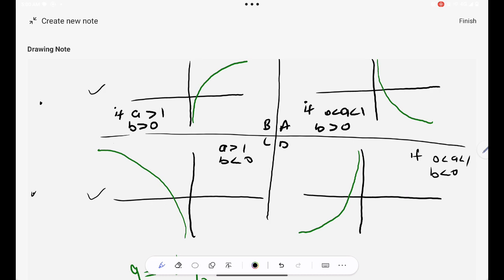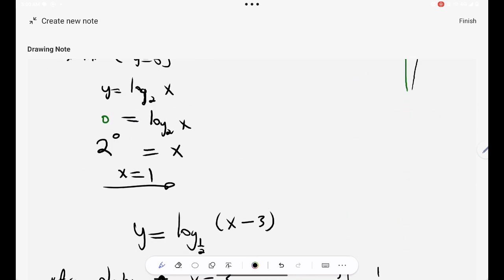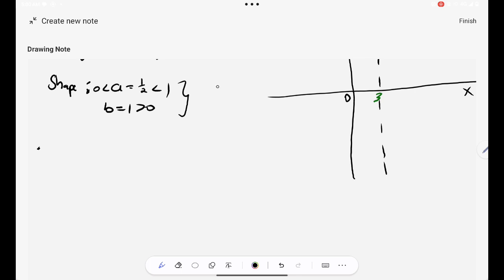I know that a is between 0 and 1, so either my graph will be the one at quadrant A or quadrant D. But for choosing between the two, I'll be led by the sign of b. I've found out that b is equal to a positive 1, and positive 1 is greater than 0. So my graph will look like the one at quadrant A. Right, together. So my shape will be like this.